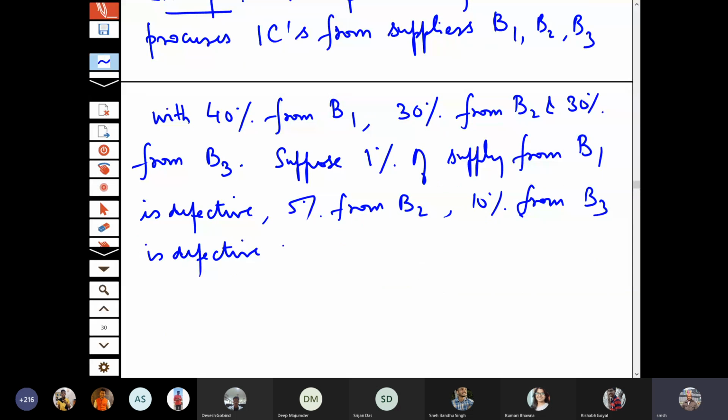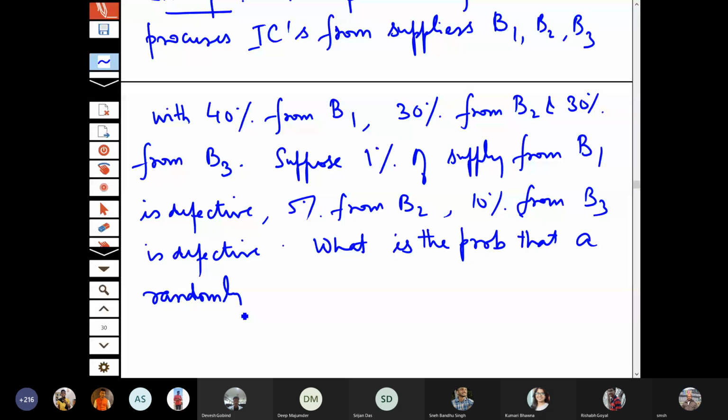So he is having the collection of ICs from these three suppliers. What is the probability that a randomly selected IC from the stock is defective?